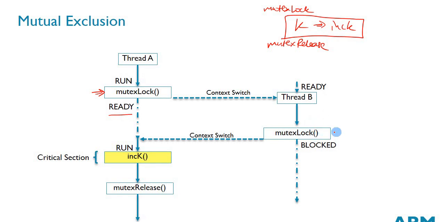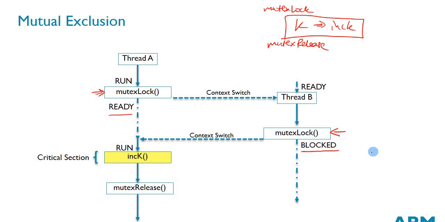So thread B tries to do a mutex lock. At this point, what happens? The OS knows that the mutex has already been locked by thread A, which means thread A is in the middle of accessing this shared resource. So when thread B tries to do a mutex lock, it is unable to do it. It will fail the mutex lock.